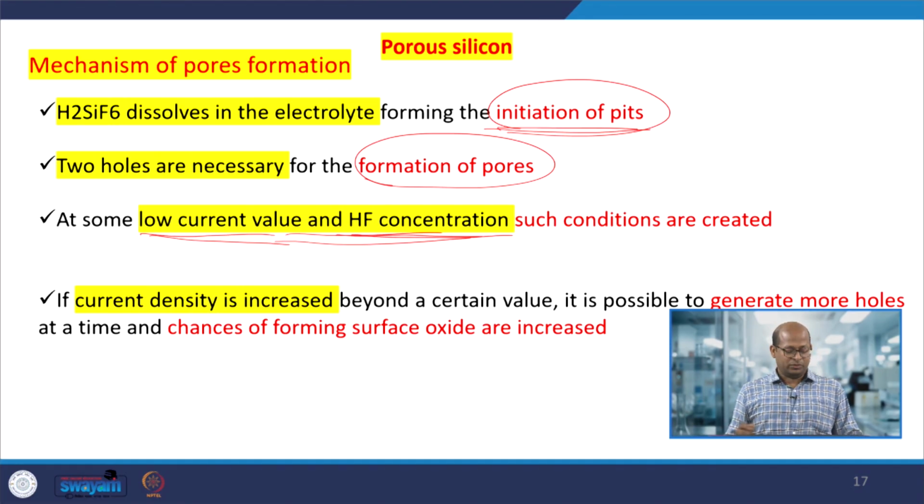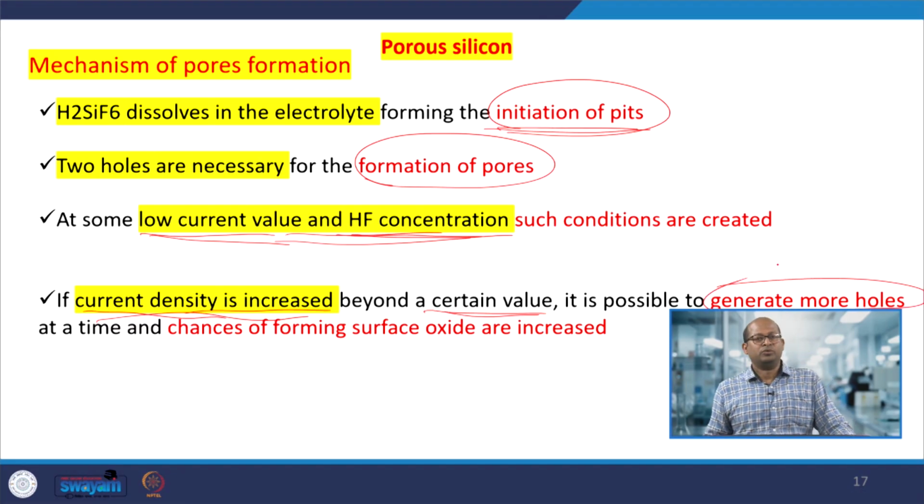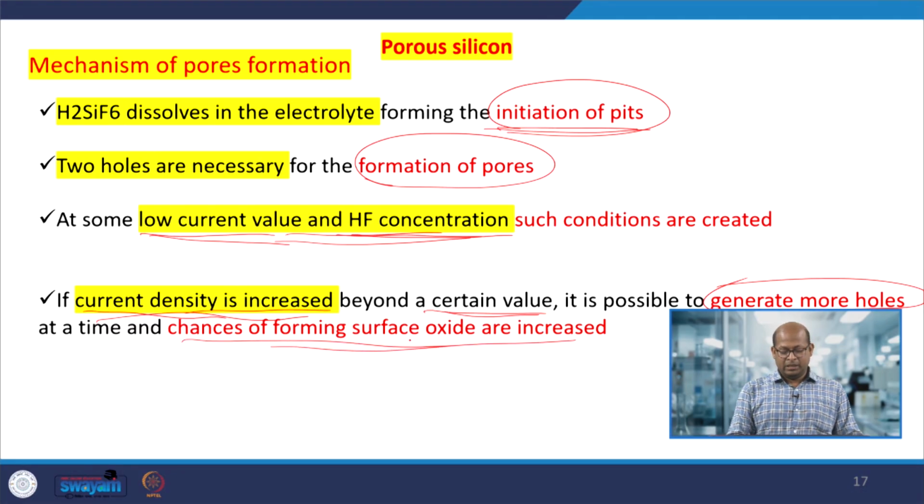If current density is increased beyond a certain value, more holes form at a time, and with high current density there is a possibility of oxidation reactions, which will decrease the performance of the system.